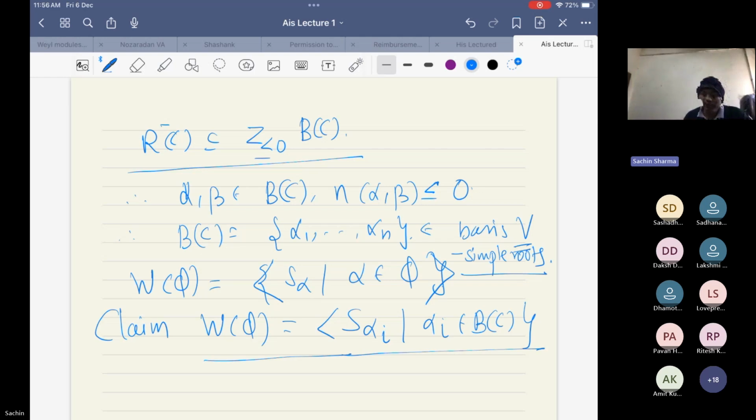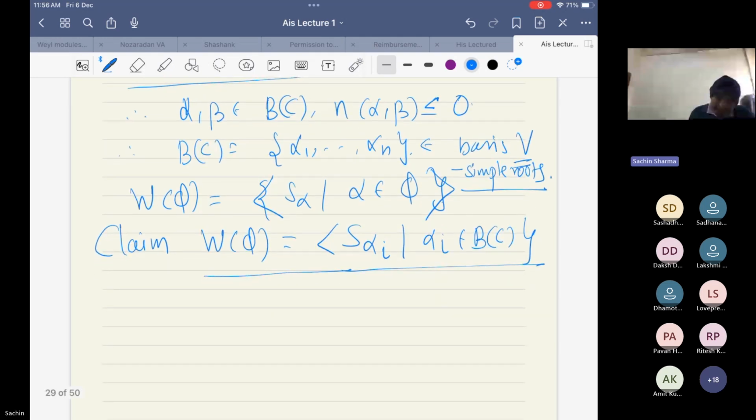Your big group, which is generated by so many elements, you just have to understand that you have generators very few in number, and that simplifies a lot of your calculation. Okay. So one of the key properties is the first thing.